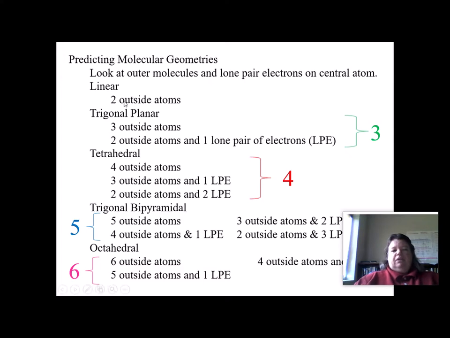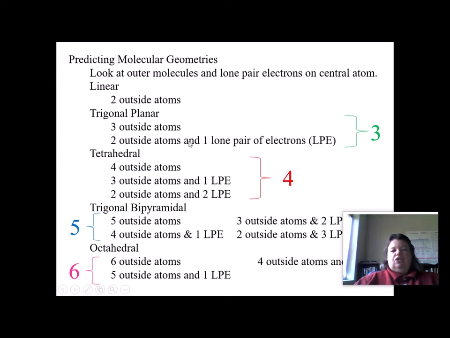Okay, but on a linear, I have 2 outside atoms, and of course on all of these, the inside atom, or the center atom. Okay, for trigonal planar, I have 3 outside atoms and the center atom. I also have 2 outside atoms and 1 lone pair.